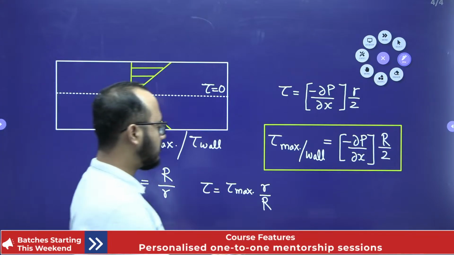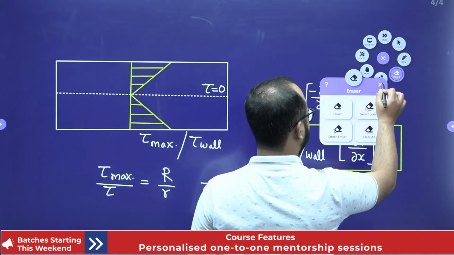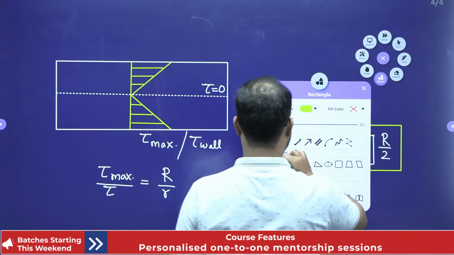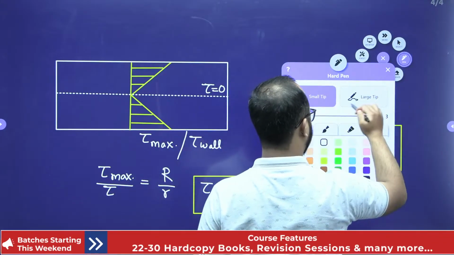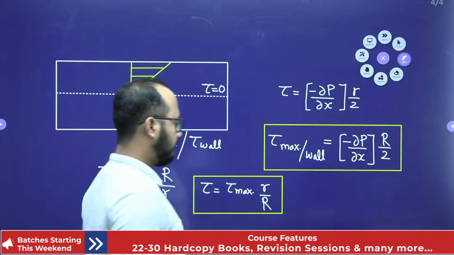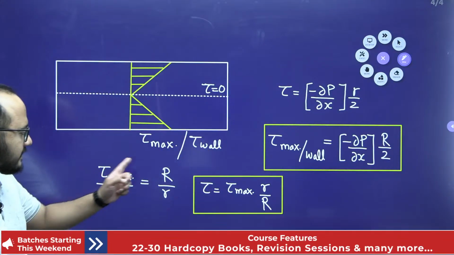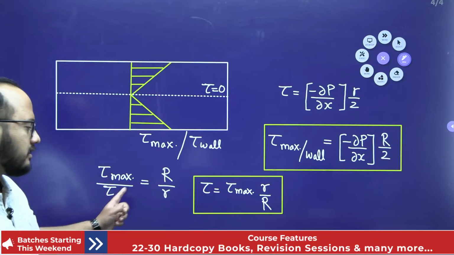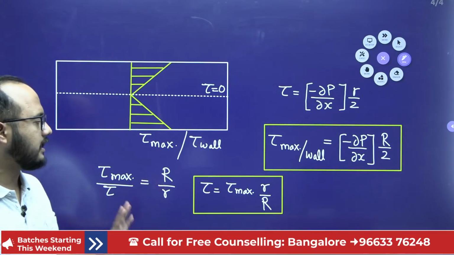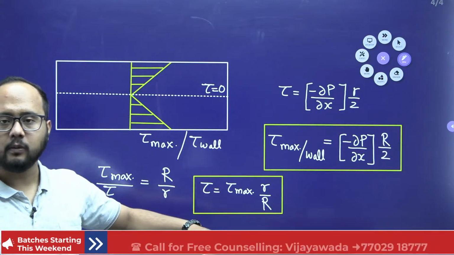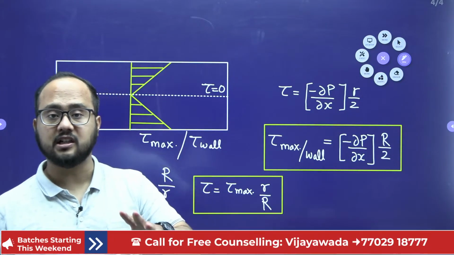Okay, this is the general relation, and it is also one of the relations that you should remember. Correct. Tau max is at capital R, and tau is the shear stress at small r. So tau value will be tau max into small r divided by capital R. That should be one of the formulas that you write in your formula sheets, right?